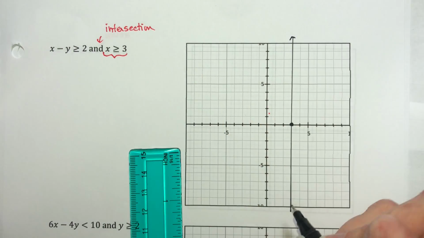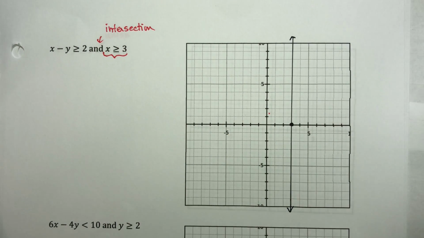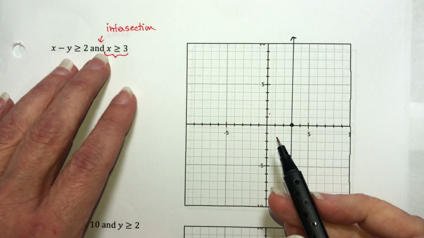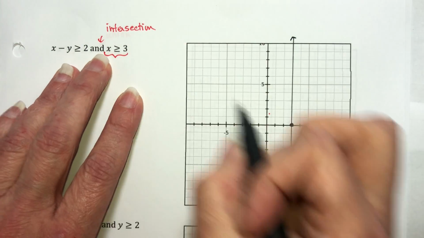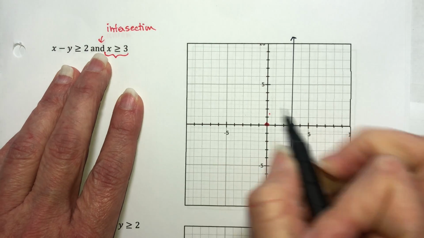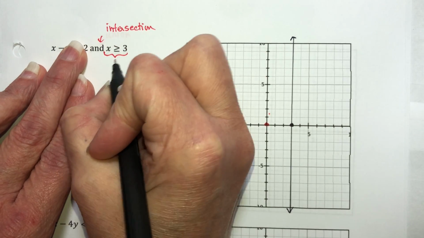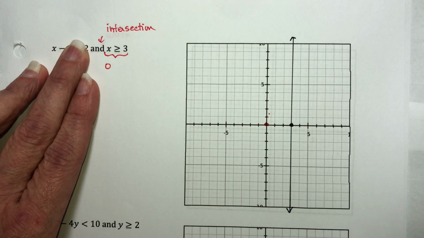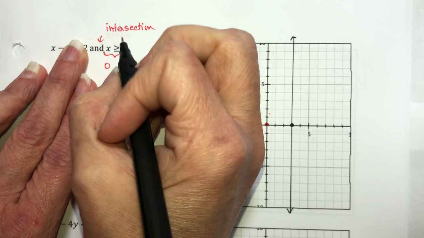Okay. Now I'm going to use a test point, and I'm going to figure out which side to shade, but I'm not going to shade it yet. And that's because I'm only interested in where they overlap. Okay. So let's figure this out. If I use a test point, 0, 0 is available for this. So let's test 0, 0 in this one. I plug in 0 for x, 0 for y. There's no y to plug in for, so don't worry about that.